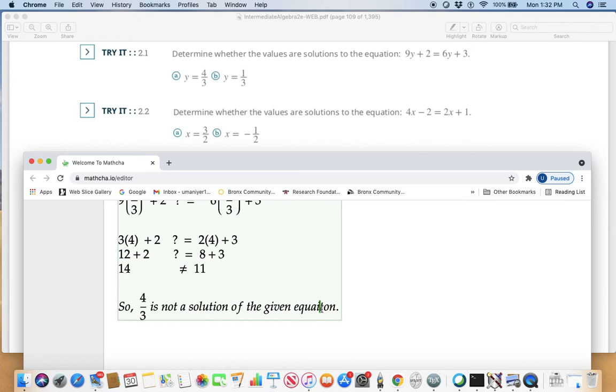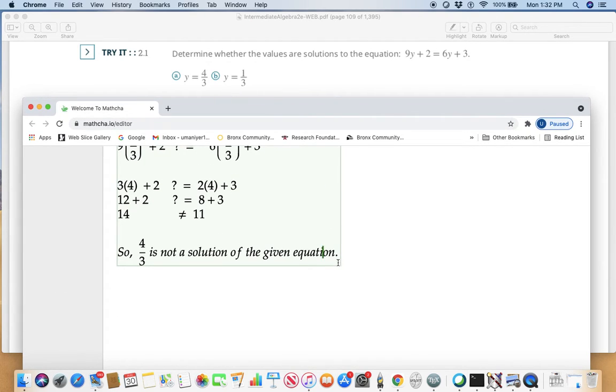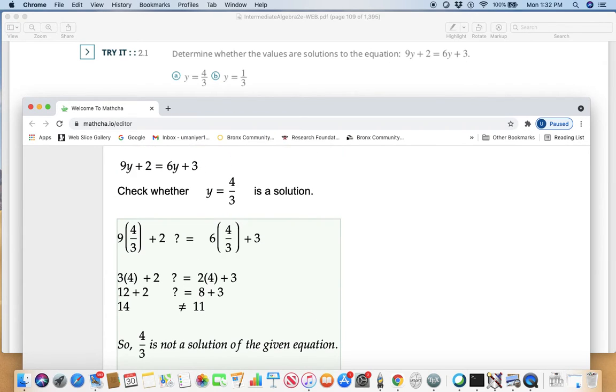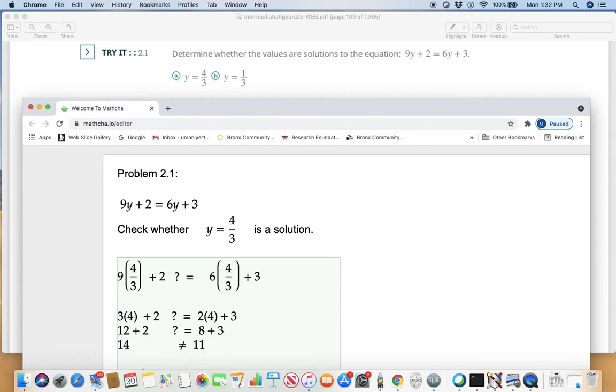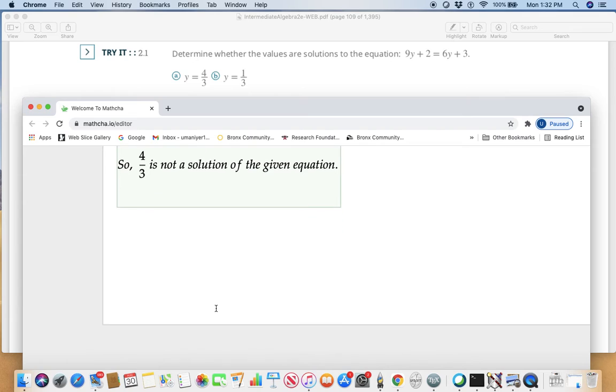All right. Likewise, let's try 1 over 3. The equation is the same, right? 9 parenthesis plus 2 question equals 6 parenthesis plus 3.